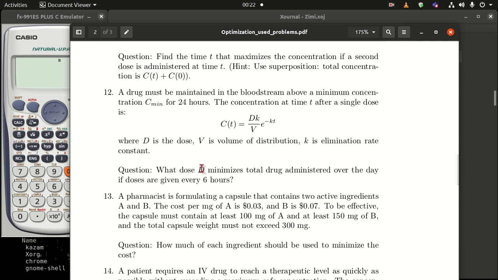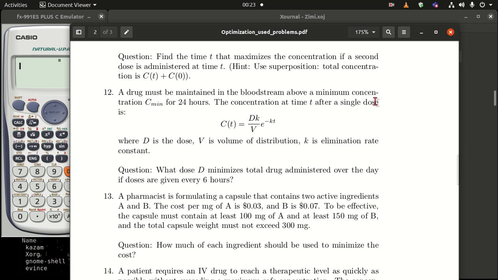One reason is to minimize the cost of buying this medication, and another is that you don't want to end up giving an overdose. So we want to minimize this so that we don't overdo it, but at the same time stay above a certain minimum concentration.